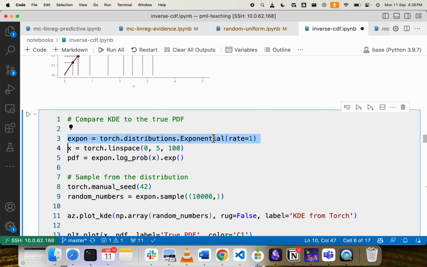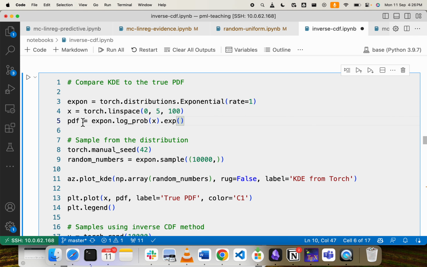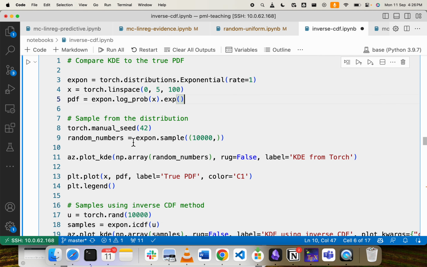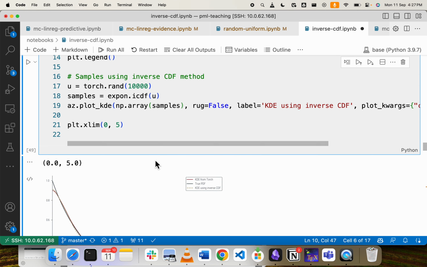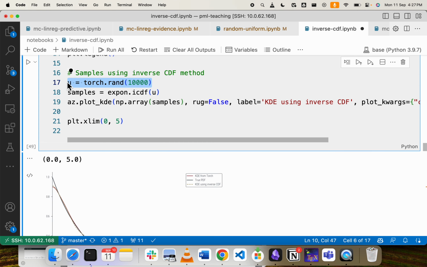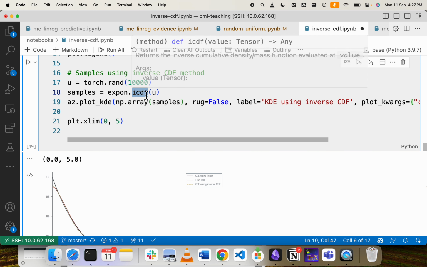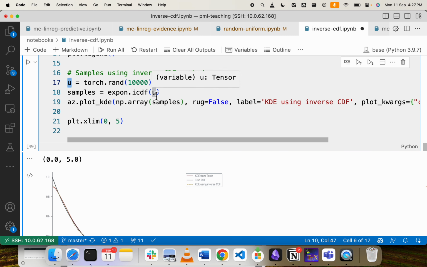Let's assume I don't know how to generate samples. I look over some ranges of values, and this is the true PDF, exponential distribution dot log prob of x dot exponentiation. I'm computing the PDF over a range of values. I am generating these random numbers from the uniform distribution. I take the exponential distribution and compute the inverse CDF for the uniformly distributed numbers I've generated.